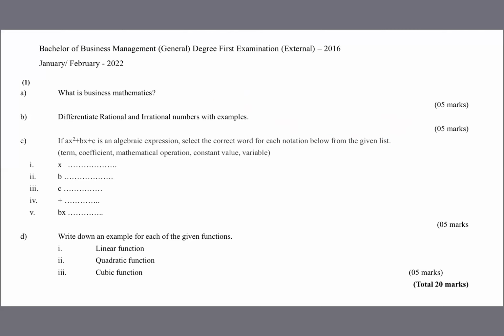And you also have to explain what irrational numbers are. An irrational number is any number that we can't write as a fraction. Irrational numbers are decimals that go on forever and never repeat. As an example, we can write square root 3, square root 5, and pi.